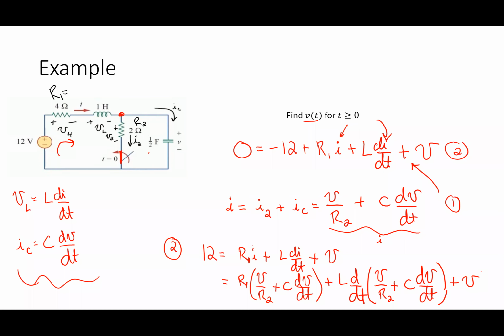Where's the second order-ness coming from? That middle term here, right? I've got a derivative d/dt, so I take the derivative of V and the derivative of dV/dt. The derivative of dV/dt is the second derivative, right?